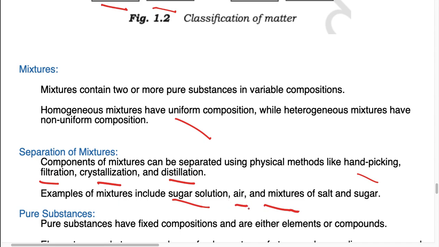It's not only oxygen, it has nitrogen, oxygen, and other gases like carbon dioxide. So a mixture can be made of two or more substances in a variable composition.